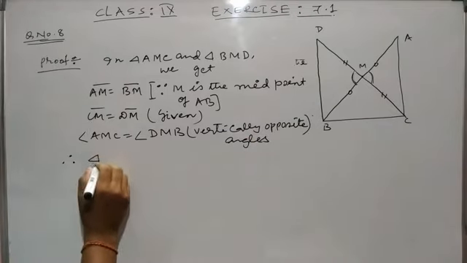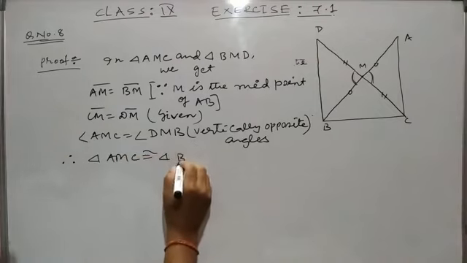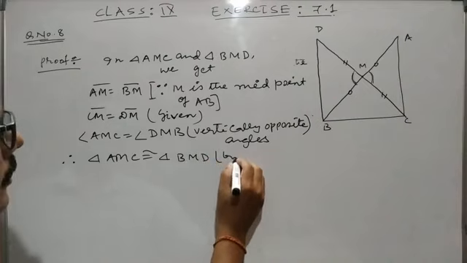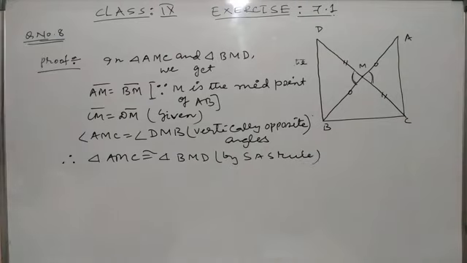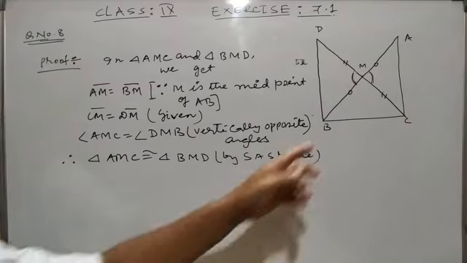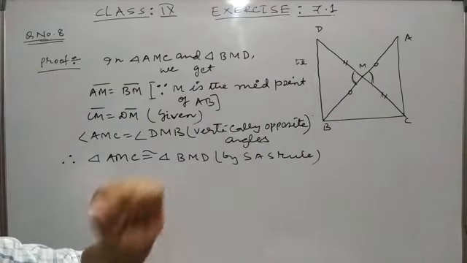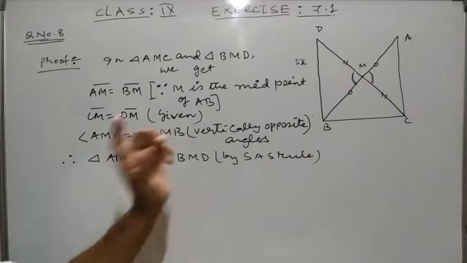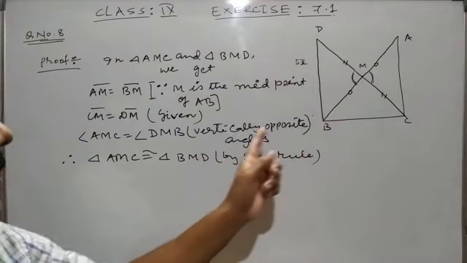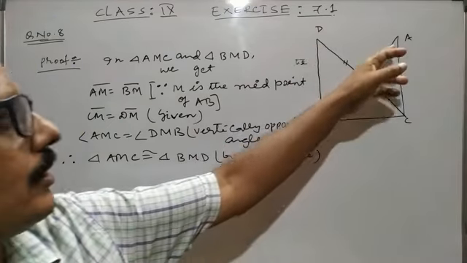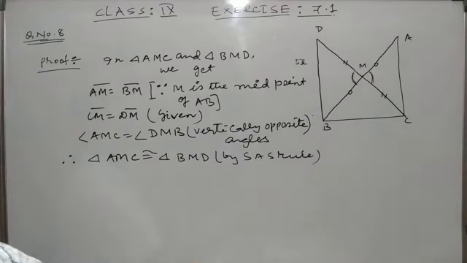Therefore, triangle AMC congruent to triangle BMD by SAS rule. So, from these two triangles we have seen that AM equal to BM, since M is the midpoint of AB, CM equal to DM given, and angle AMC equal to angle DMB, vertically opposite angles. Therefore, triangle AMC congruent to triangle BMD by SAS rule.